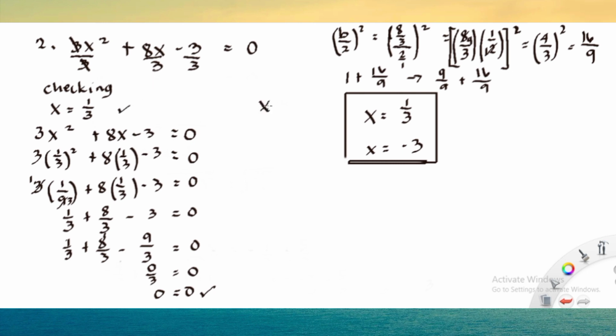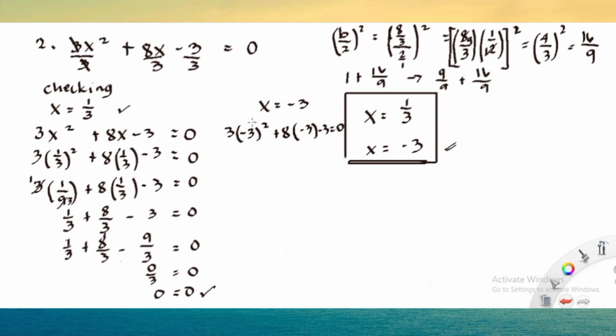Let us check if x equals negative 3. The second solution is correct. So, again, ito yung ating original equation. Substitute natin si negative 3 sa x. We're gonna have 3 times, instead of having x, write negative 3 and then squared plus 8 times x, which is negative 3, minus 3, equal ba yun sa 0?